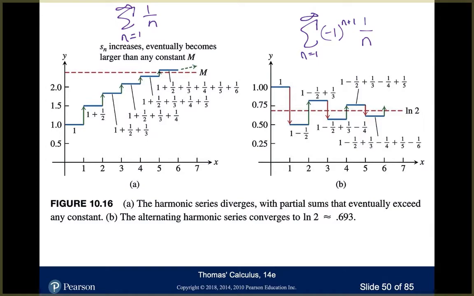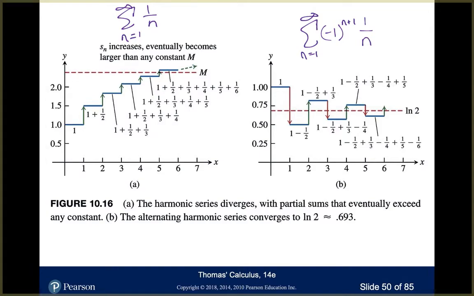So thinking through the three requirements of our alternating series, the terms are strictly alternating, positive, negative, positive, negative, positive, negative. After some point, the terms themselves are not increasing. So then we're not thinking about the positives and negatives, but just 1, 1/2, 1/3, 1/4, 1/5. Those are not increasing.